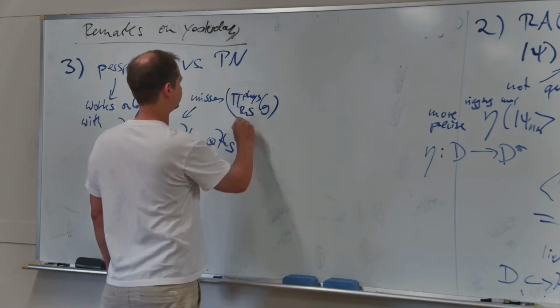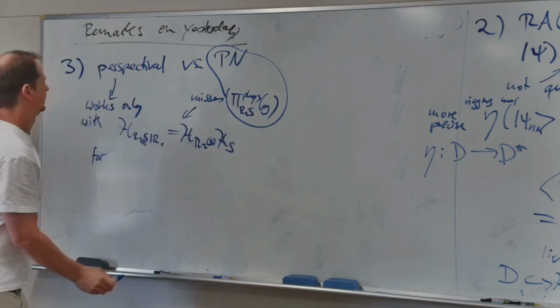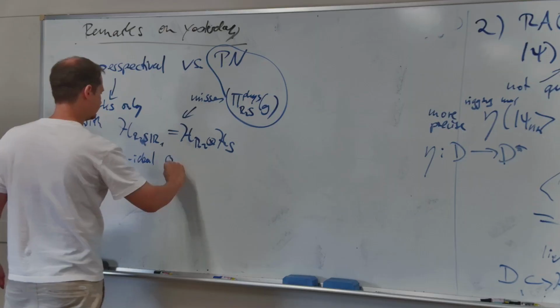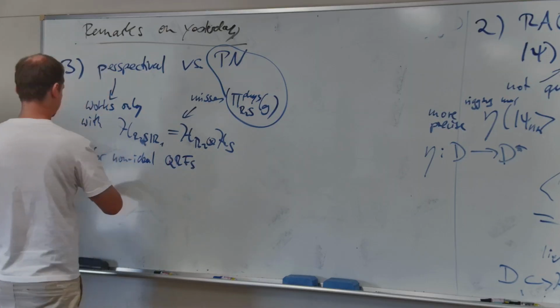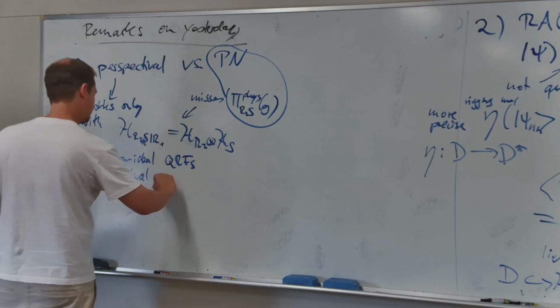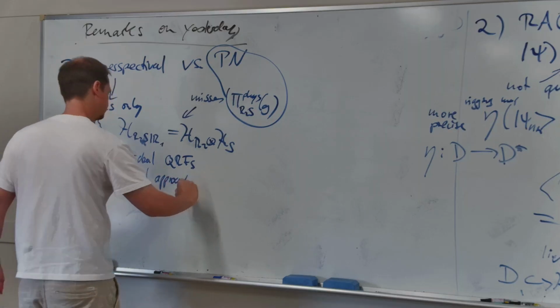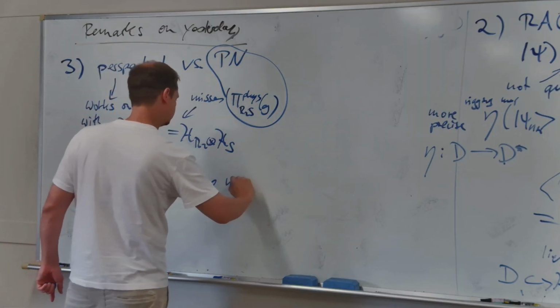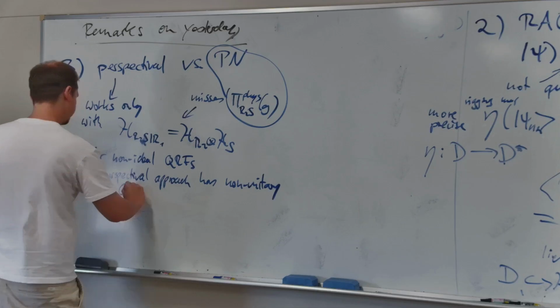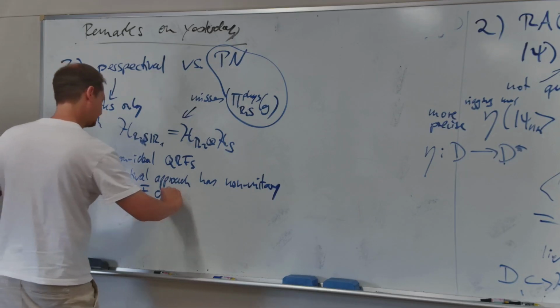So this here is basically that. So for non-unitary graph changes.